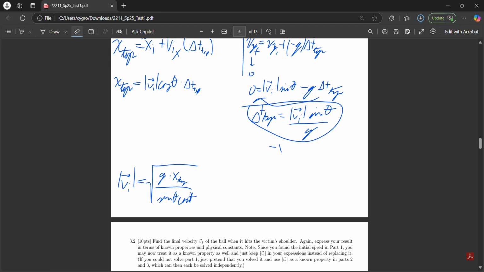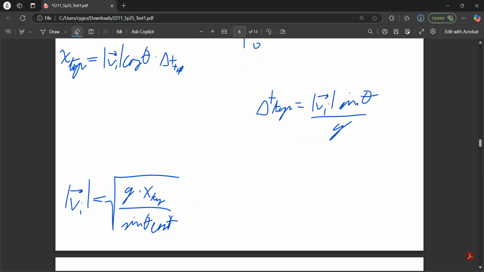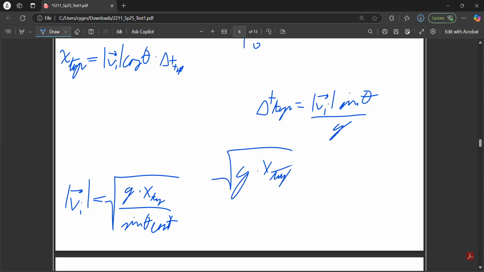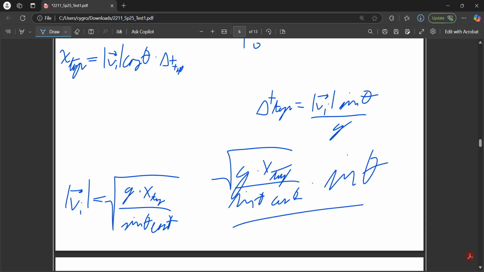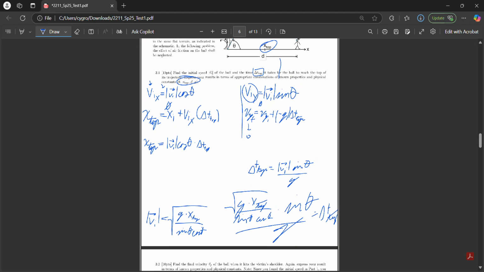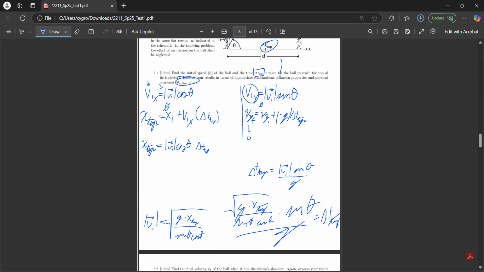So let me just clear up some of the space on here. We plug in square root of g times x top over sine theta cosine theta times sine of theta over g. And this equals our change in t top.